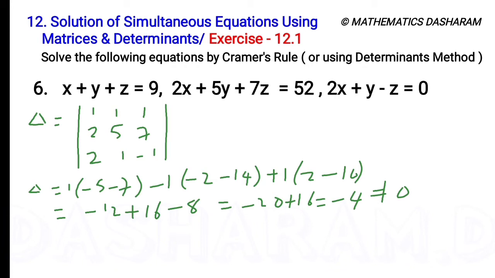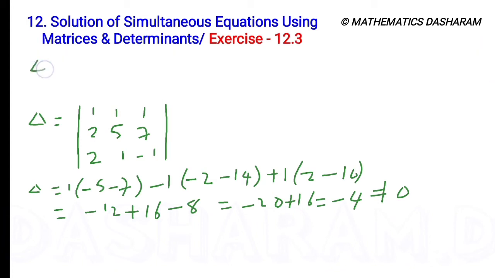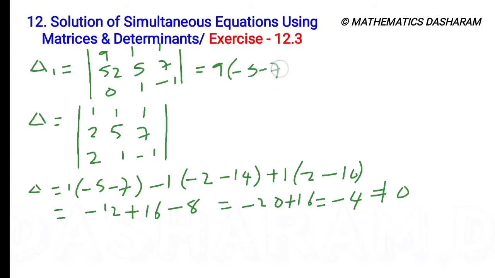Next, to find delta 1: replace the first column with the constant numbers given in the question. The constant numbers are 9, 52, 0, and the remaining two columns come as they are, 1, 5, 1, 1, 7, minus 1. Let's find its determinant. It equals 9 into bracket of 5 into minus 1 minus 7, minus 1 into 52 into minus 1 is minus 52, minus 7 into 0 is 0, plus 1 into 52 into 1 is 52, minus 5 into 0 is 0.